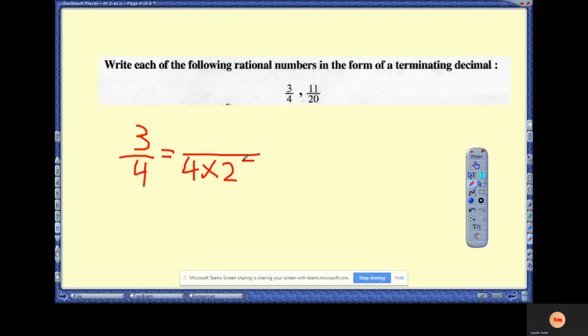It will be 100. Then 3 also times 25 will be 75 over 100. It will be 0.75.